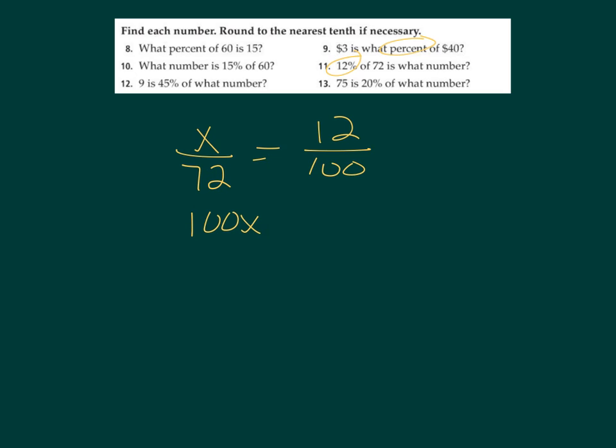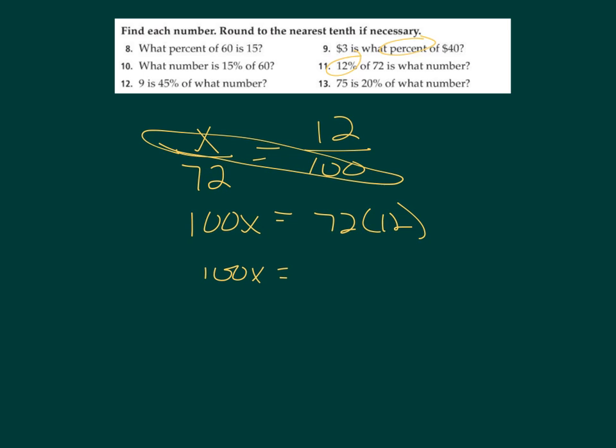Go right back to my cross products. 100x equals 72 times 12. Be sure, even though when I look at that cross product, I see x and then 100, the variable always goes after our value, our coefficient. So 100x equals 864.